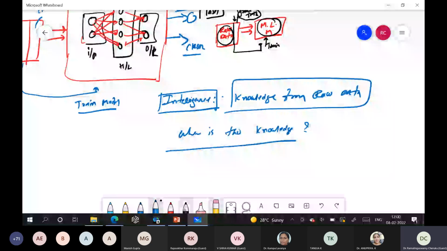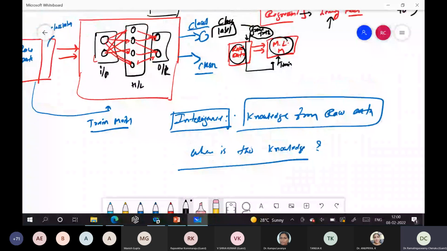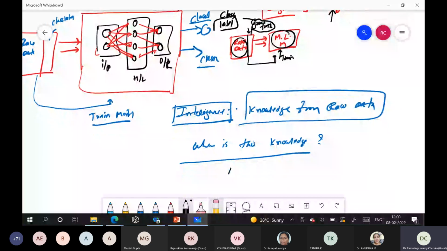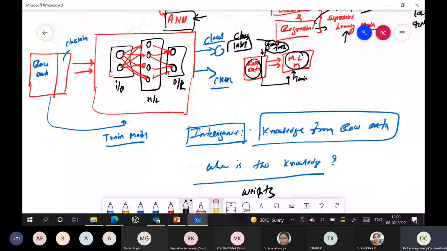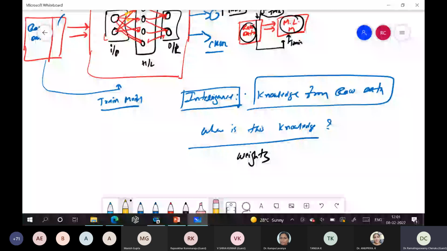Typically, this knowledge is in the form of weights. Every interconnection will have some weights, W1, W2, and so on. These weights are adjusted to minimize the classification error.